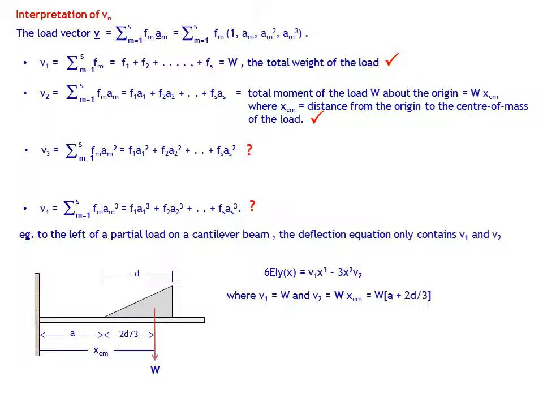So the centre of mass distance is equal to a plus 2d over 3, and so v2 is equal to w into (a plus 2d over 3). Substituting these values into the deflection equation, we get the standard result for the deflection to the left of a rising triangular load, that 6EI y of x is equal to minus w x squared into (3a plus 2d minus x).